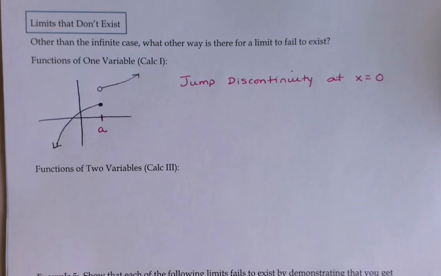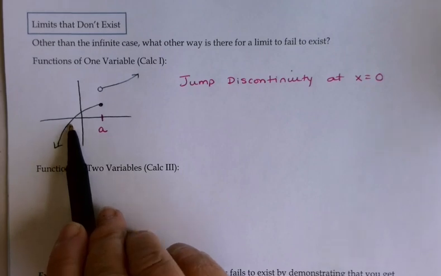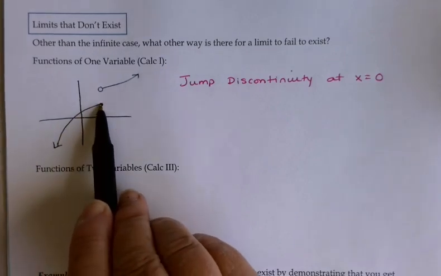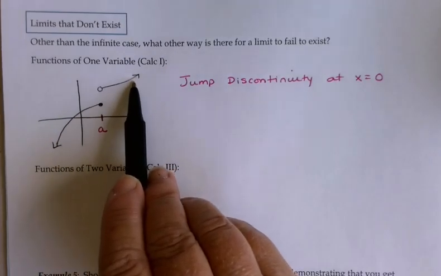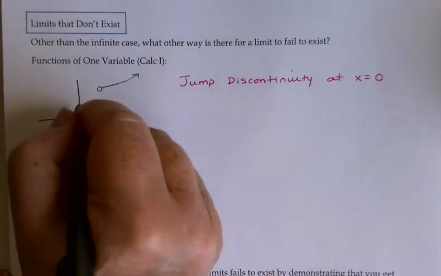The way we knew that we had a jump discontinuity based on the limits is when we approached a from the left, we got one limiting value, and when we approached a from the right, we got something different.